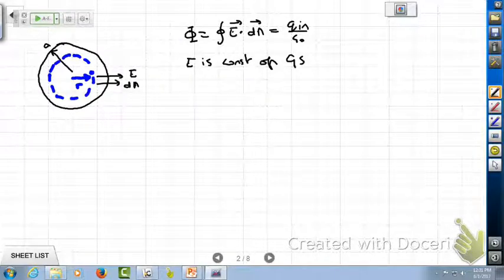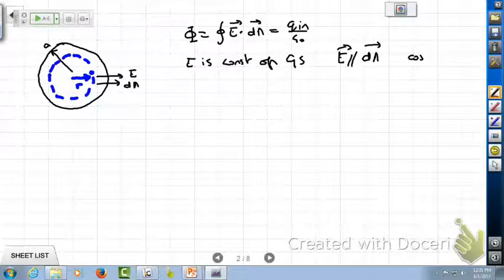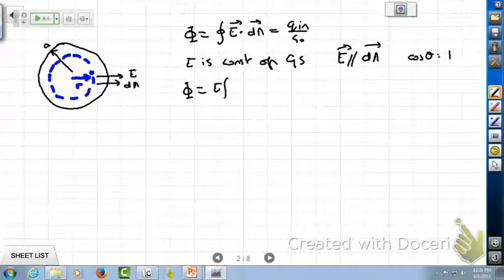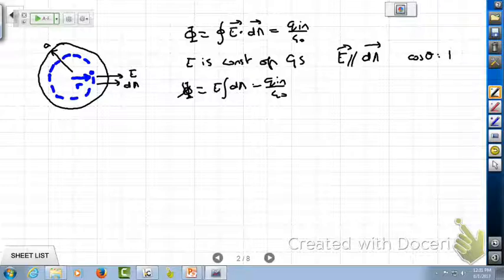You can see that? So, and then we're also going to say, even though I'm inside, E is parallel to dA. So my cosine theta equals 1. That's kind of nice. So I say my flux is equal to E times the integral of dA, which equals Q in over epsilon naught. Don't care about my flux.